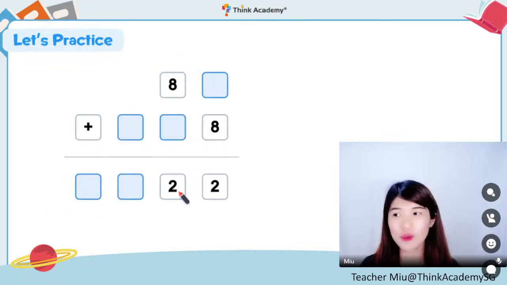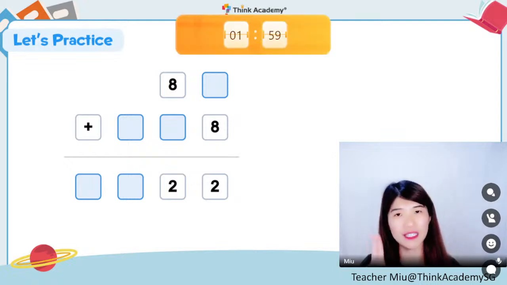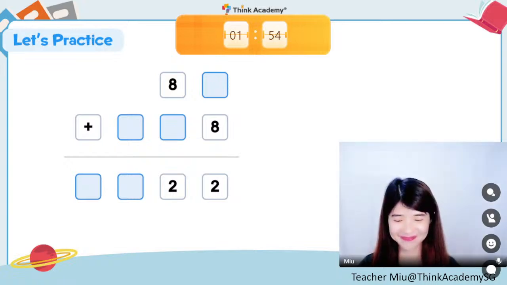If so, let's try this one. Guys, can you see the golden triangle? For here, I will just give you 2 minutes to do this question. Alright, this one is a bit tricky because now you have 3 digit and 4 digit now. So let's try by yourself. You have 2 minutes. Please try.